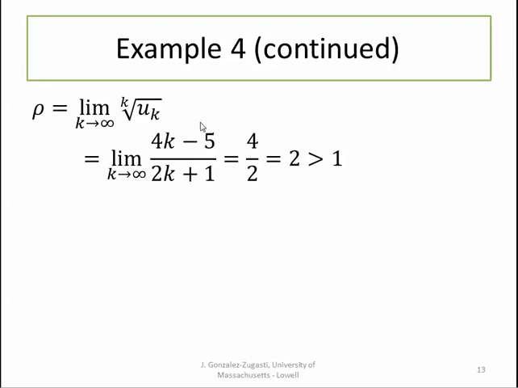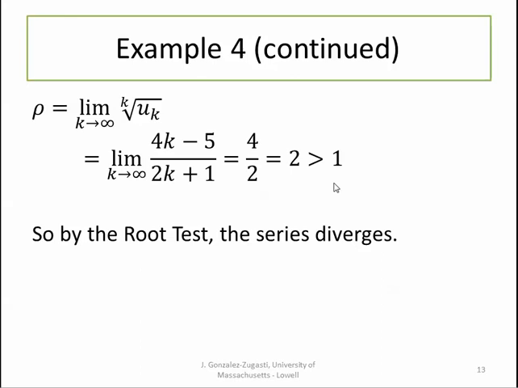That's going to be equal to this limit, which is a rational function. The degree of the numerator is the same as the degree of the denominator, so the limit's going to be equal to the ratio of our leading coefficients, which is 2. So we found that rho is greater than 1, which tells us by the root test that our series diverges.